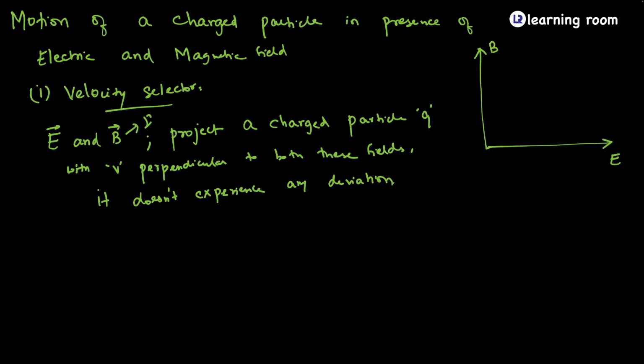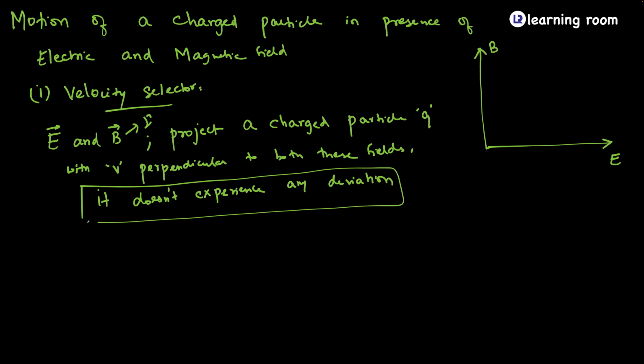So let's try to understand what is the meaning of this. Okay. So for me to attain this kind of a situation, it does not experience any deviation means the meaning of the statement is that the net force experienced by the charged particle is supposed to be 0. Net force experienced by a charged particle should be 0.